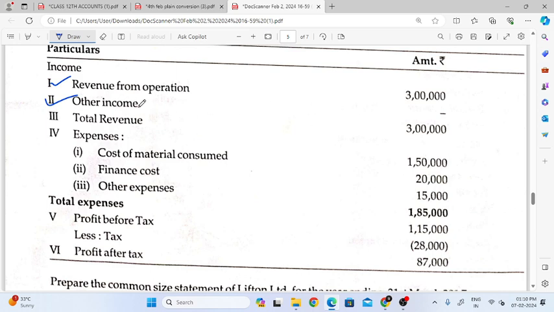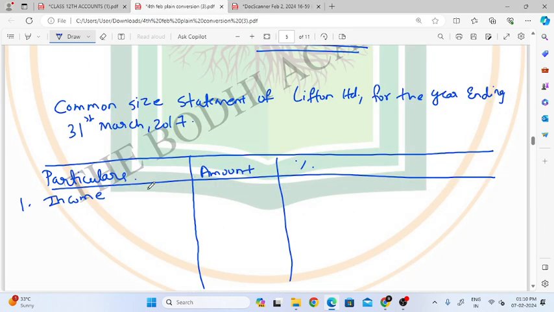Other income is not given, so we'll skip this. We'll directly move to the total revenue. Okay, so income, then revenue from operations. So revenue from operation, how much amount they have given? They have given it as 3 lakh.